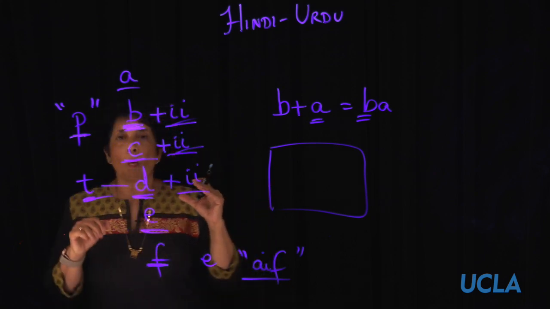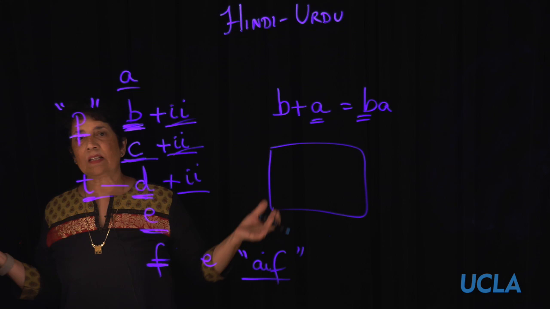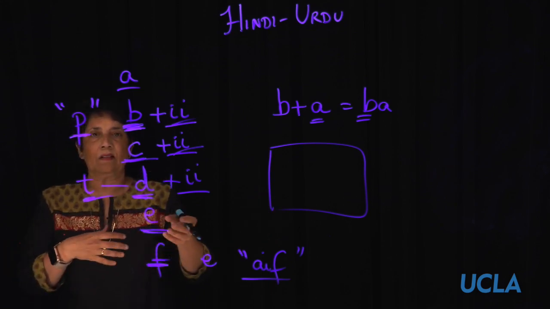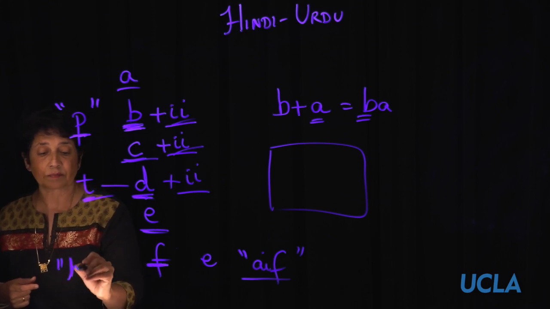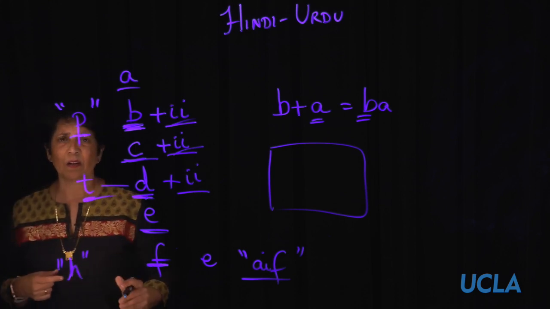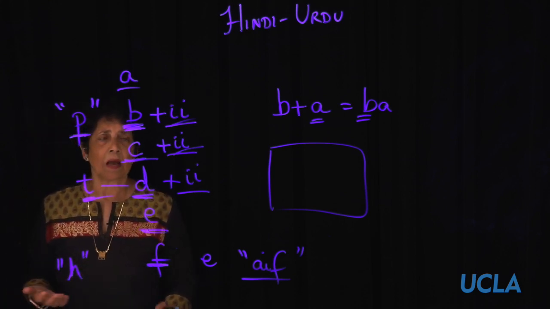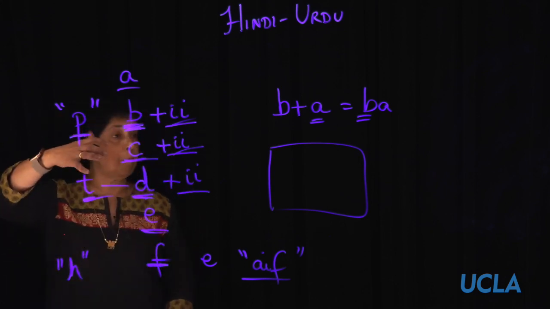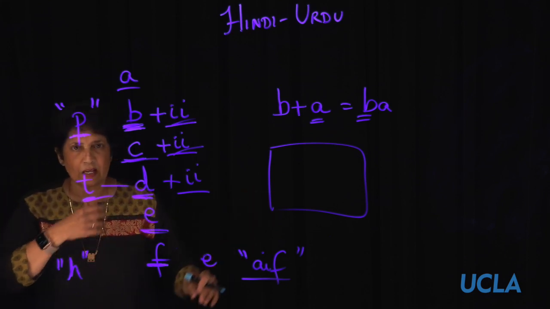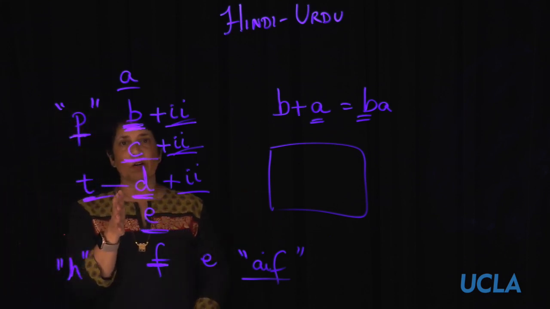unlike A, B, C, D, E, F, and then G and H. H is an interesting sound. Think about it. What is H? With B, you can say B, oh boy, or you look up alphabet books. That's what they do.